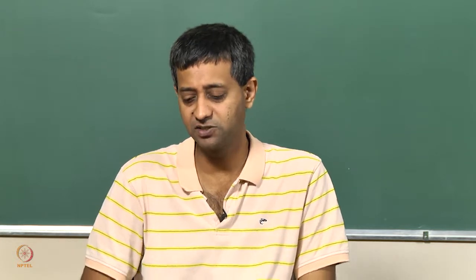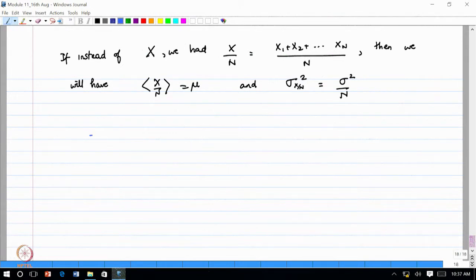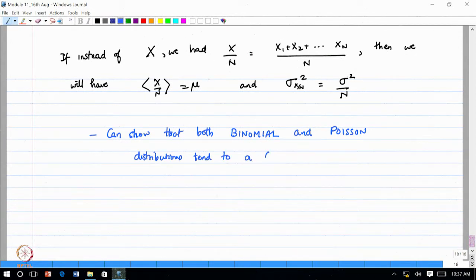And in fact, you can show that both binomial and Poisson distributions tend to a Gaussian distribution for large n.